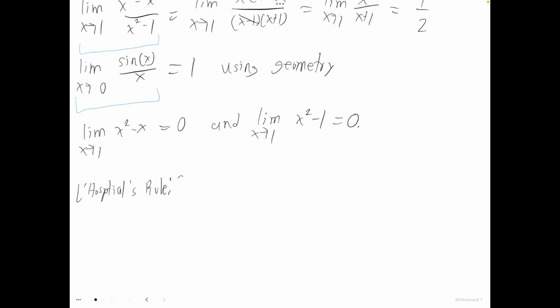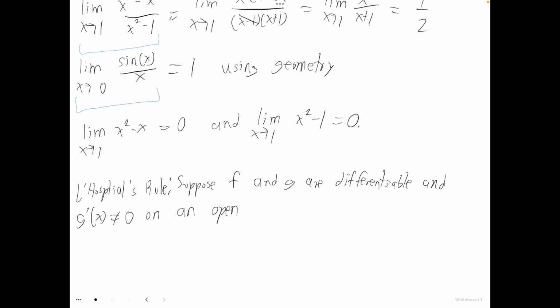It says, suppose f and g are differentiable and g prime of x is not 0 on an open interval that contains a, except possibly at a.